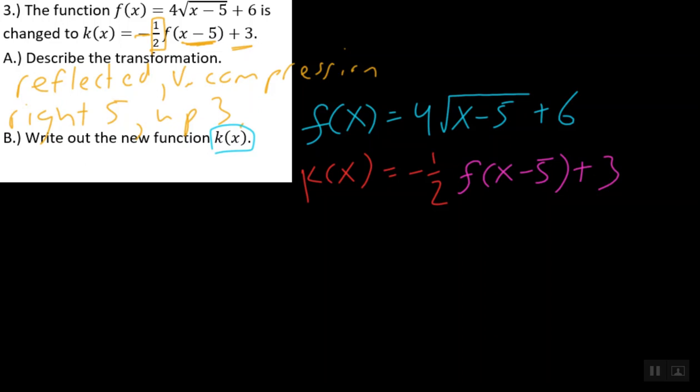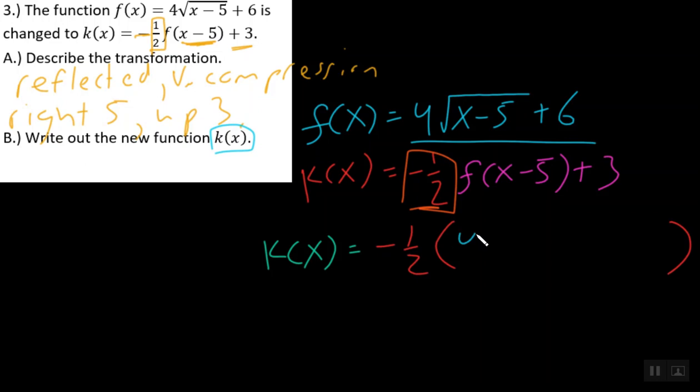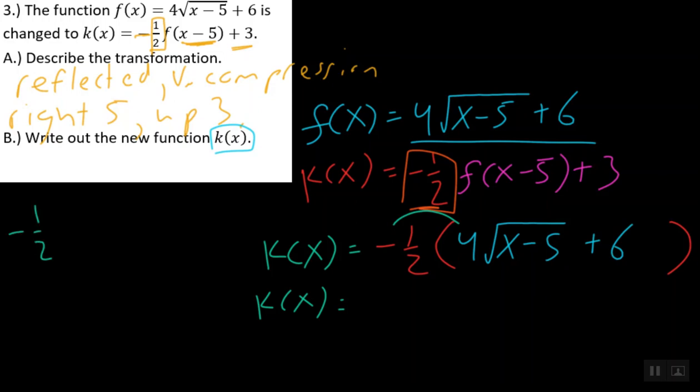Okay, so for my new function, k of x, I know that the first thing I always start out with is the multiplication of the a value, -1/2, big parentheses, times our original f of x, 4 square roots of x minus 5 plus 6. Now from here, -1/2 times 4, I can just do the math off to the side.